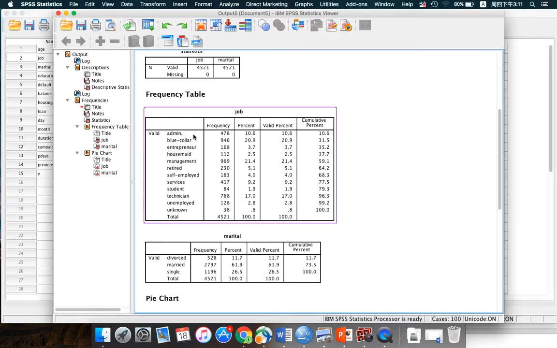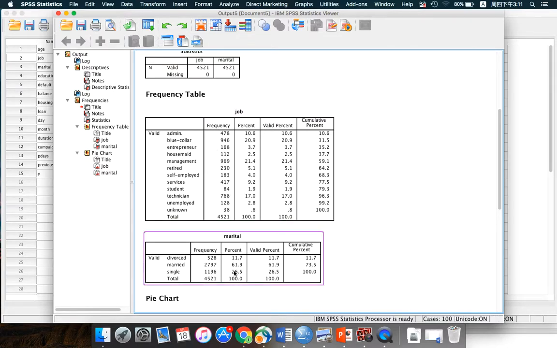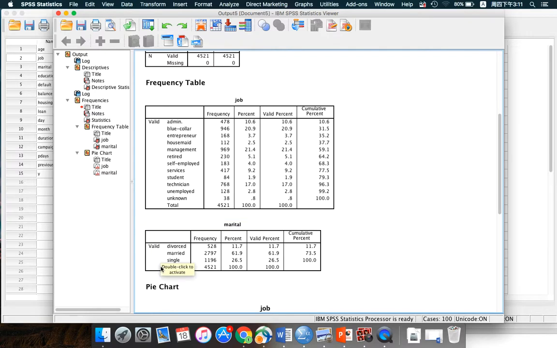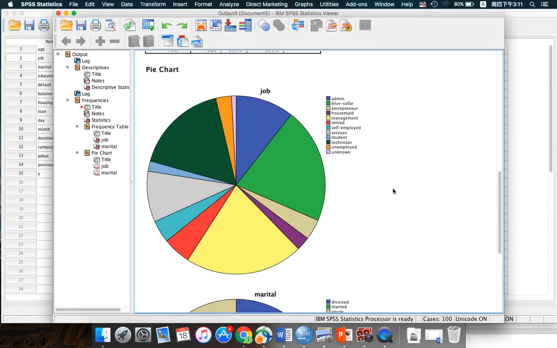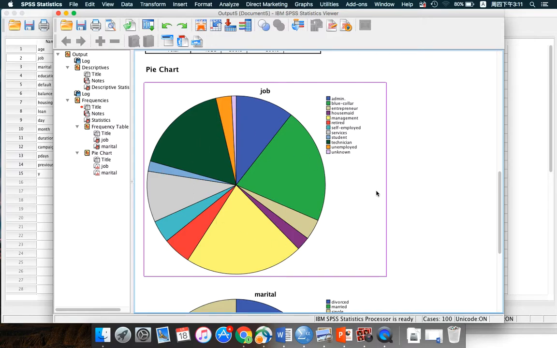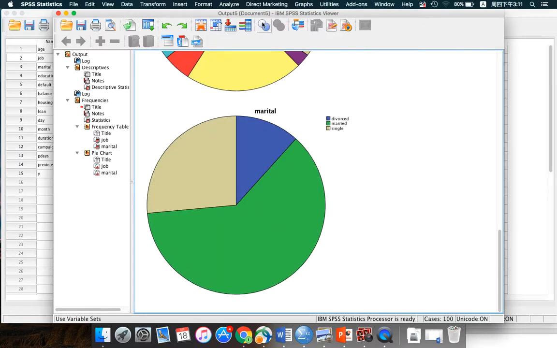We know that we have more people who are in management, blue collar, technician, and also administration. We can see the frequency, which is how many people are in each group, and their percentage. Also here, we have more people who are married. SPSS also gives you a visualized pie chart here, so you can see a more visual result.